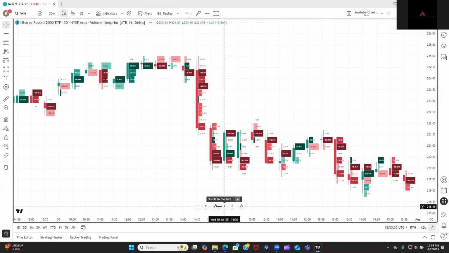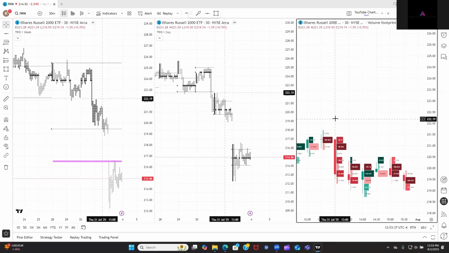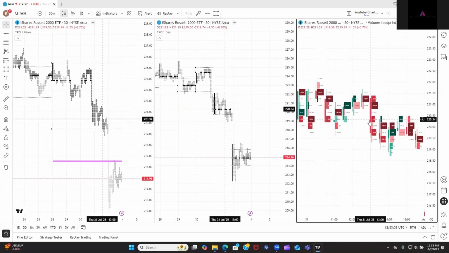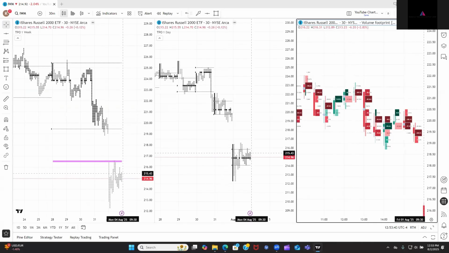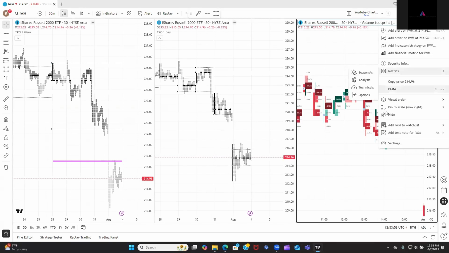So let's go over the settings for volume profile. If I open this up here, the settings are here.